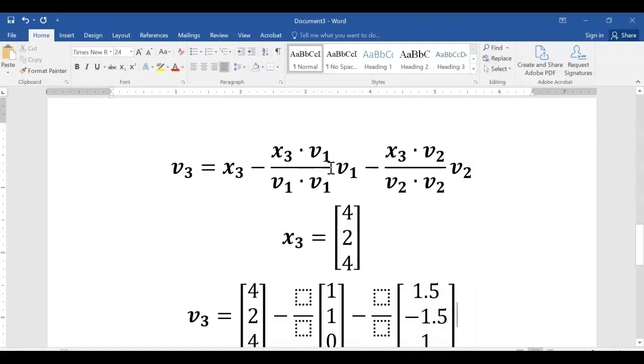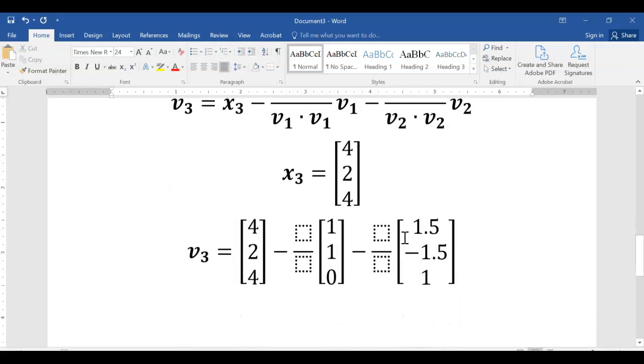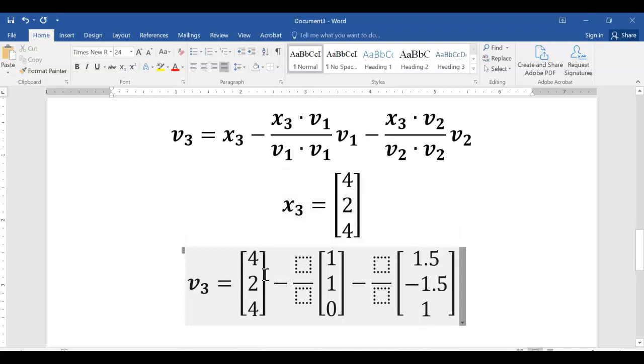We've already found v1 to be 1, 1, 0 and v2 to be 1.5, negative 1.5, 1. So all we have to do is take 4, 2, 4 minus the projection of 4, 2, 4 onto 1, 1, 0 minus the projection of 4, 2, 4 onto 1.5, negative 1.5, 1.